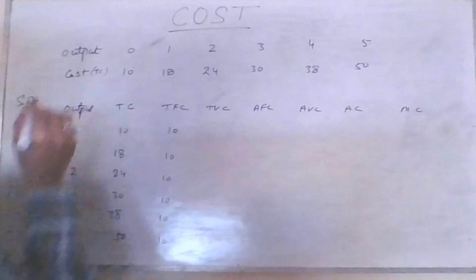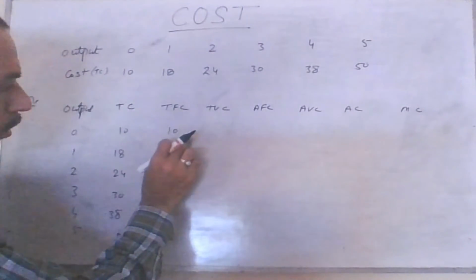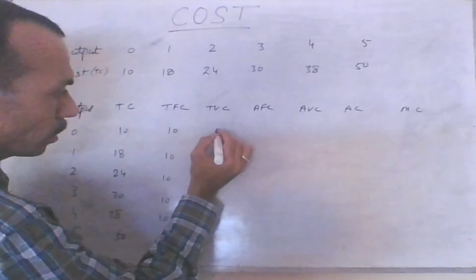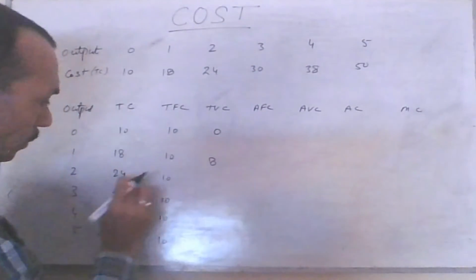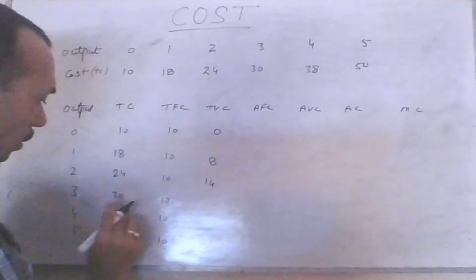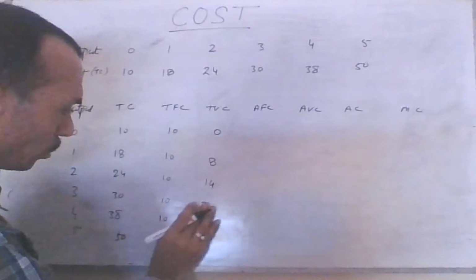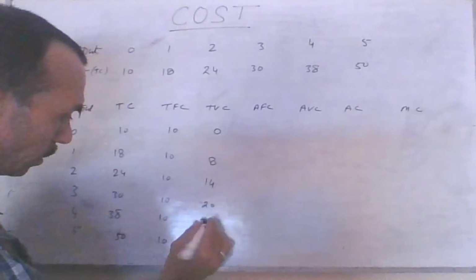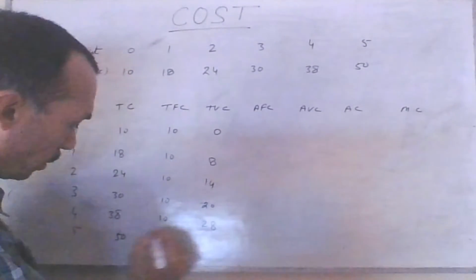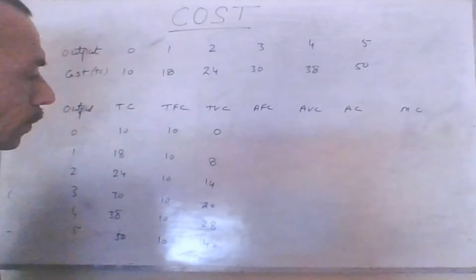So total cost minus total fixed cost equals total variable cost. Output 0: 10 minus 10 is 0, 18 minus 10 is 8, this is 14, this is 20, this is 28 and this is 40.